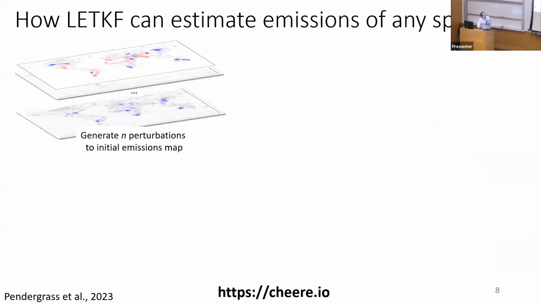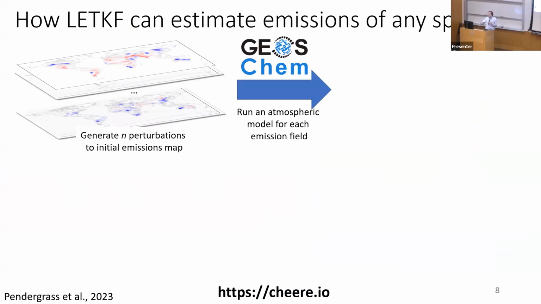So how does it look in practice? What you do is you generate perturbations to your initial emissions map. The way this works in GEOS-Chem is you have scaling factor maps that go through HEMCO, and those perturb your base emissions. And so you perturb this. Red is making more emissions, blue is making less. Then you run GEOS-Chem for each of these maps for a day or a week or whatever period you're interested in.